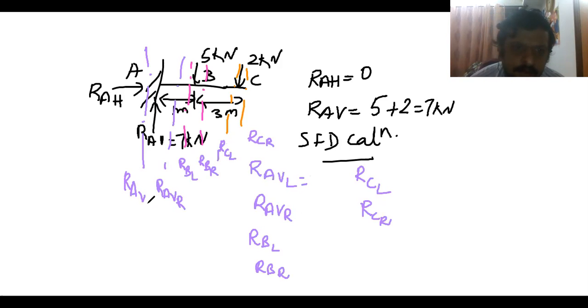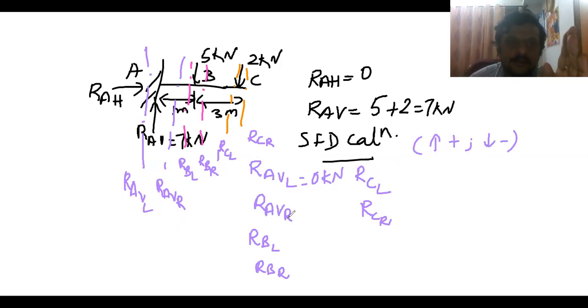If this is RAV left, and if I place my hand there and go to the left, there is no other force. So 0 kilonewton. If I place my hand at RAV right and go to the left, there's a force going up. Upward force, I already told you, if it is going up, it is positive. If it is going down it is negative. So we'll take it as plus 7 kilonewton. And RB left is also the same. There's no force acting to the left, so it will continue as plus 7 kilonewton.